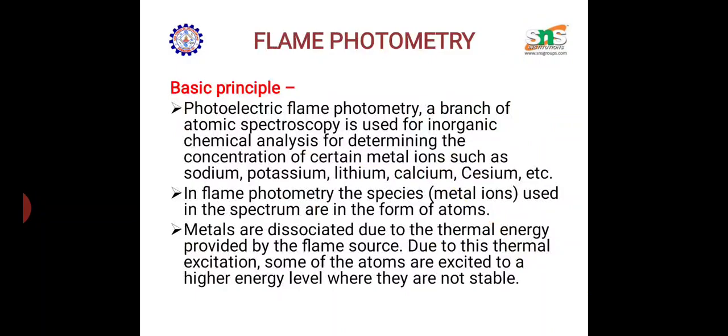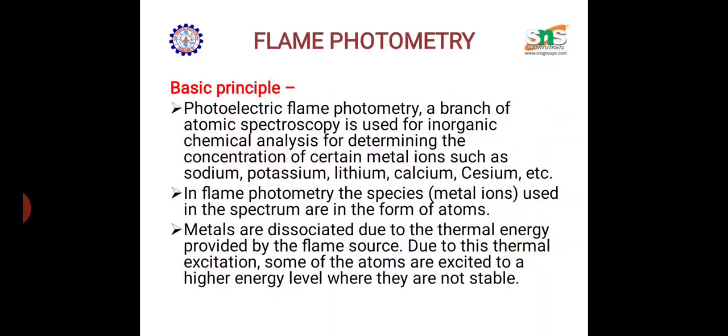When they return to the ground state, they emit light in the visible region. So based on the wavelength of the spectrum and the amount of light emitted, we can determine its concentration.